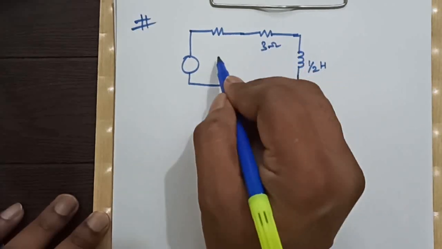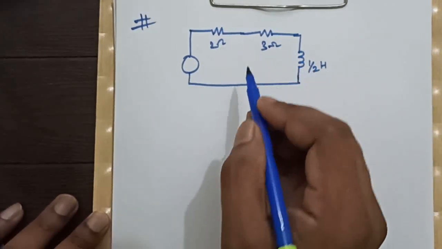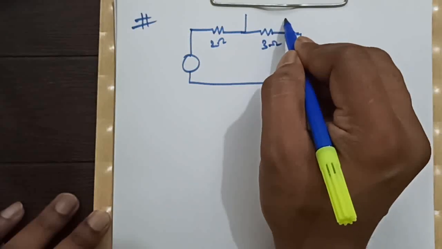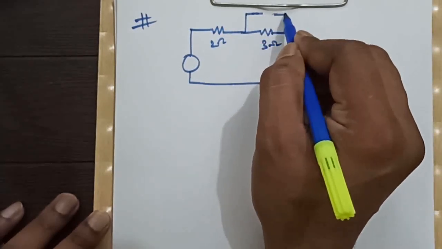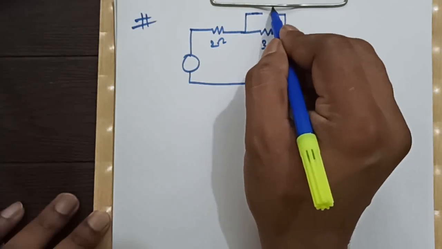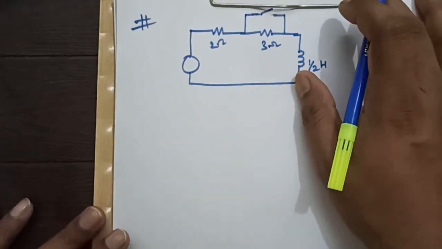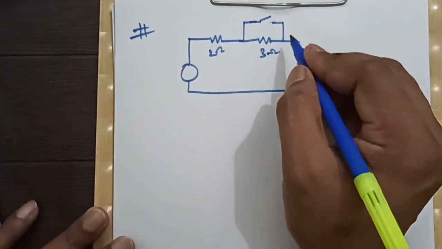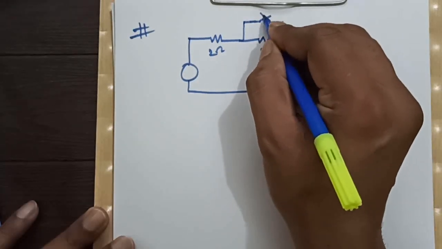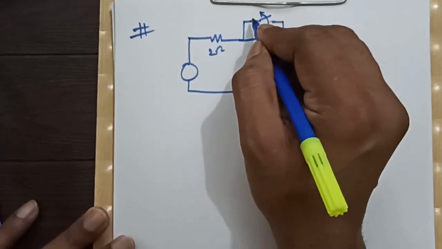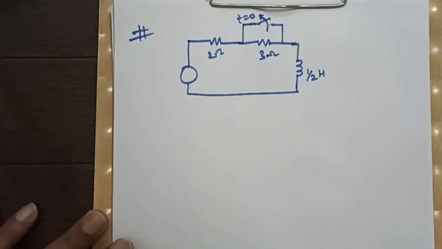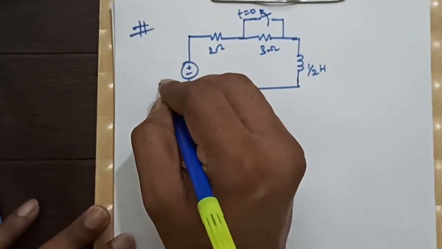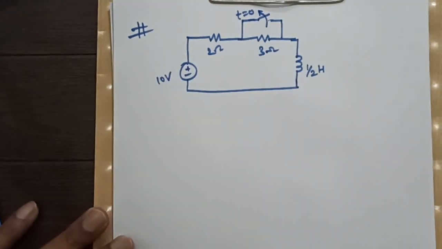This is 3 ohm, this is 2 ohm, and a switch is present here. And the switch is getting closed, open at time t equal to 0. This value is 10 volts.